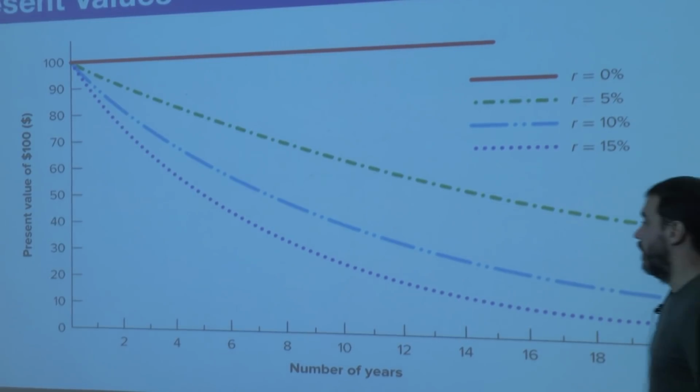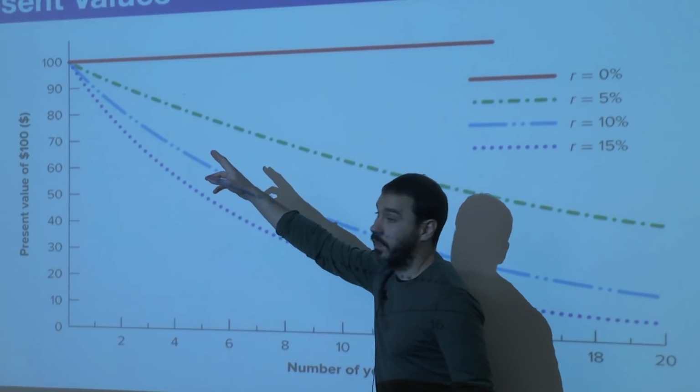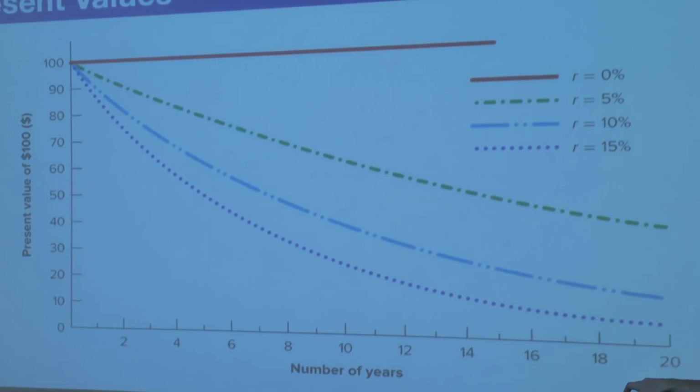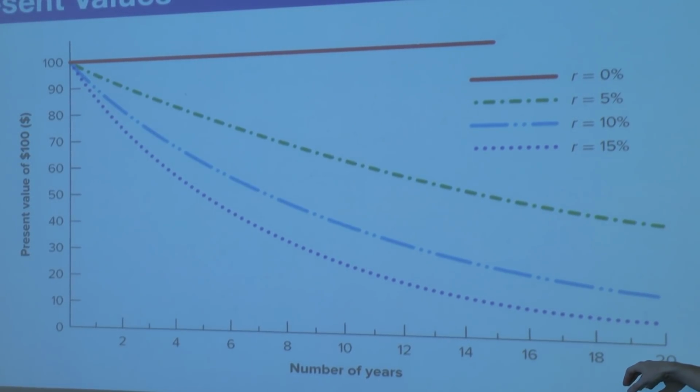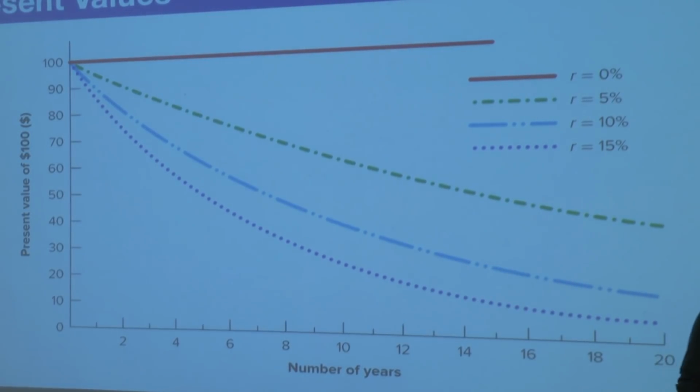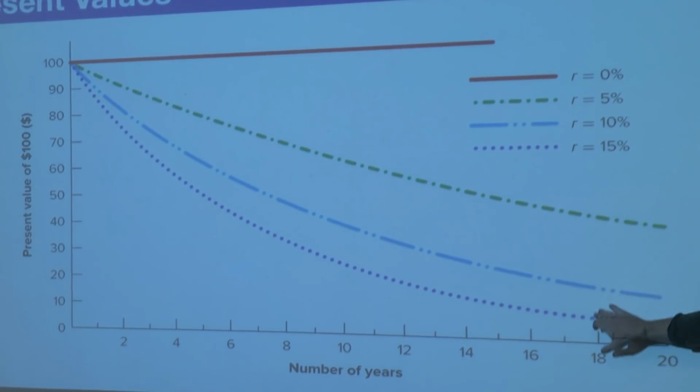Imagine you are receiving $100 at a more and more distant point in time in the future, and these lines tell you what your present value of those cash flows would be at different discount rates.